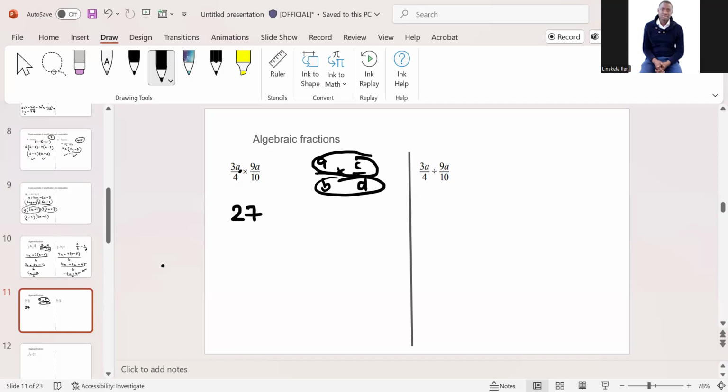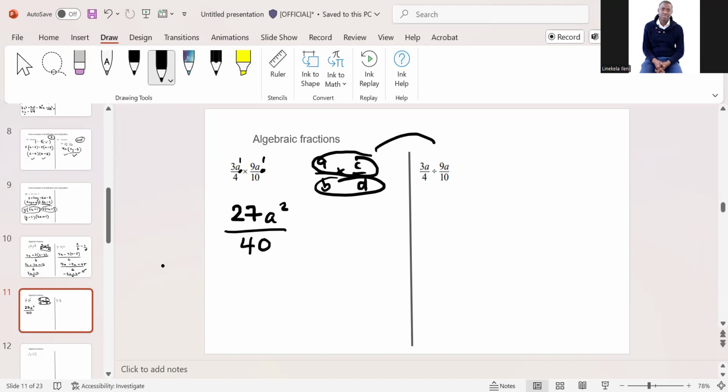But be careful, you are dealing with exponents there as well. So that will be a 1 and a 1 there, so that will be 1 plus 1. So it's 27a squared. And then 4 times 10, that will be 40. And obviously, if there's a way to simplify your fraction, then you also equally simplify.